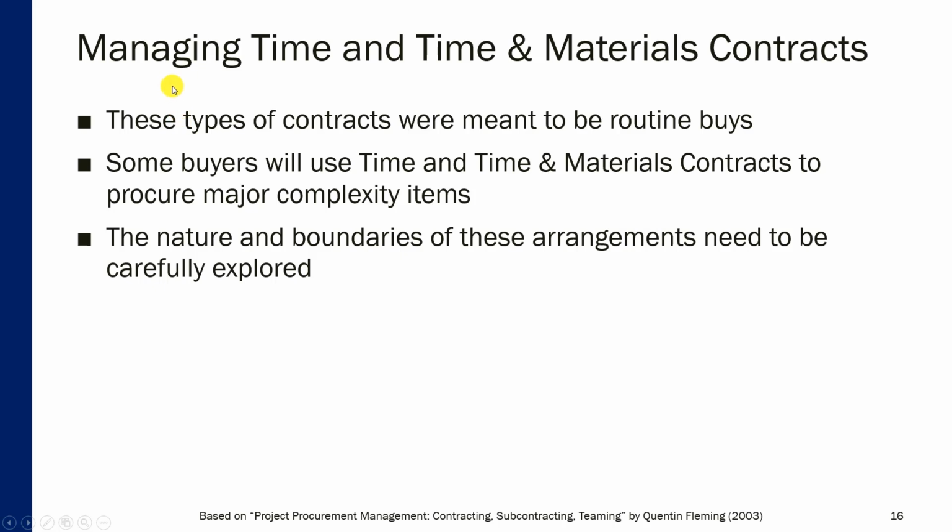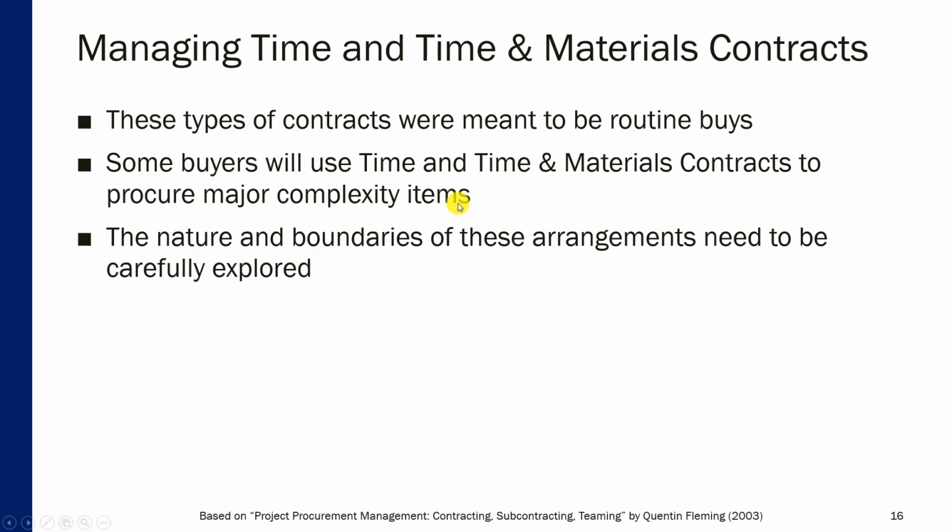Now the final comment is about administering time or time and materials contracts. These types of contracts were meant to be for routine buys, but some buyers will use time or time and materials contracts to procure major complexity items.